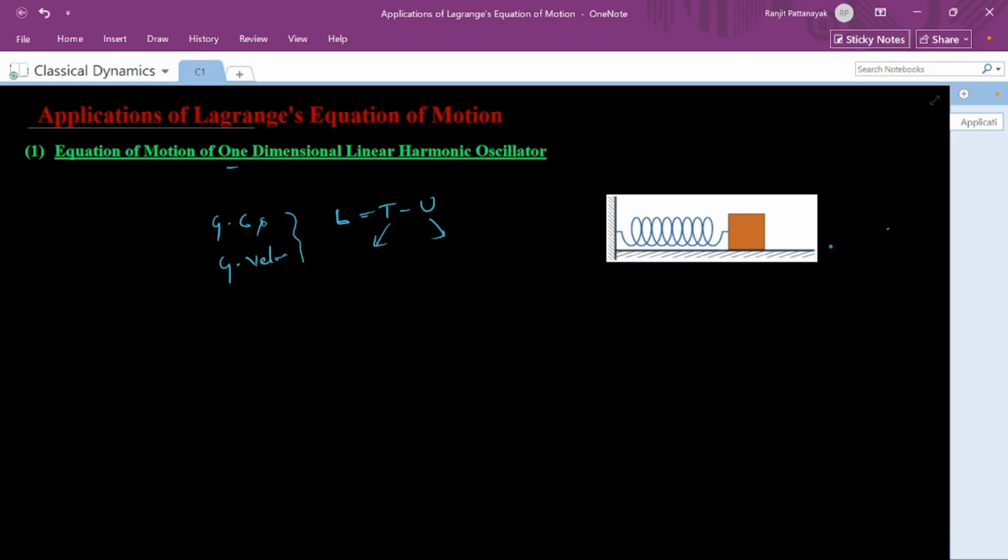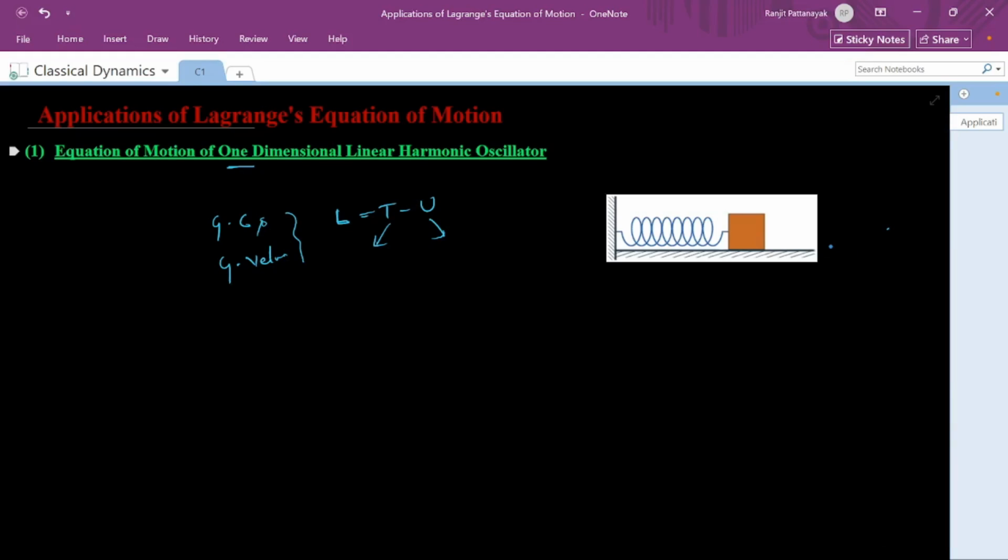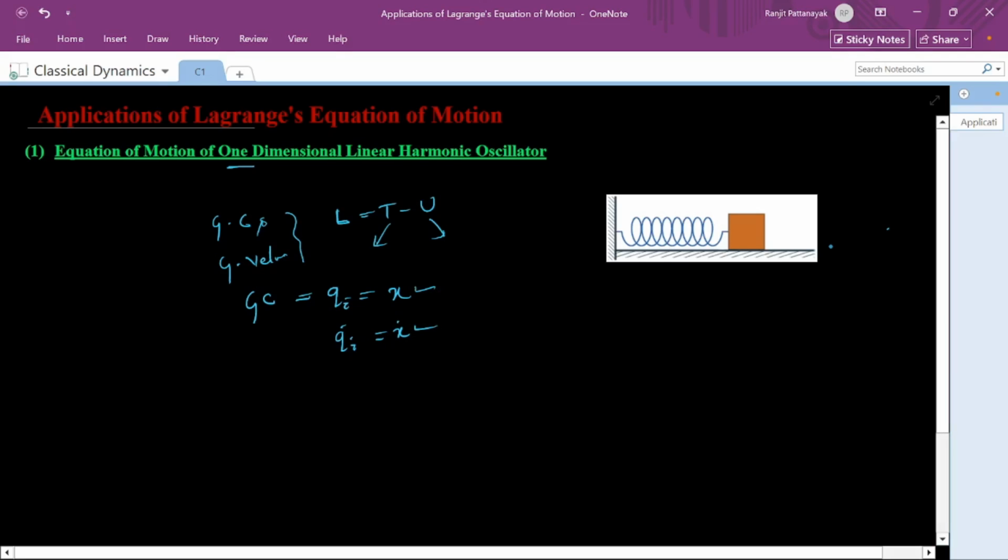Here in this case, as the object moves to and fro about its mean position along the x-axis only, the generalized coordinate is only one. That means Qk is x only. So the generalized velocity, Qk dot, is also one, that is x dot. Along the x-axis it has displacement, and along the x-axis it has only velocity.